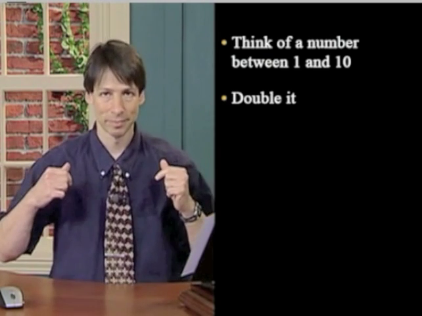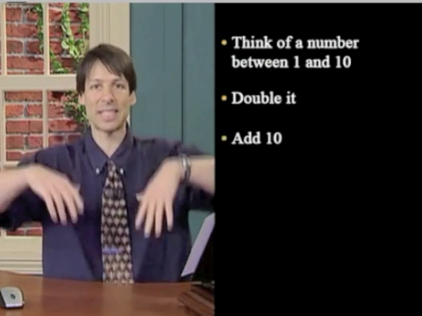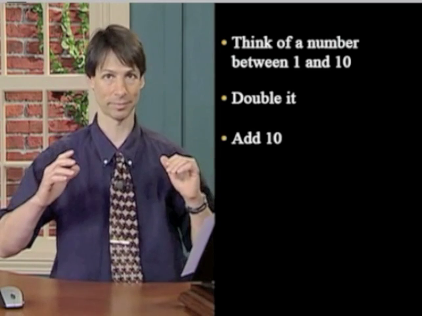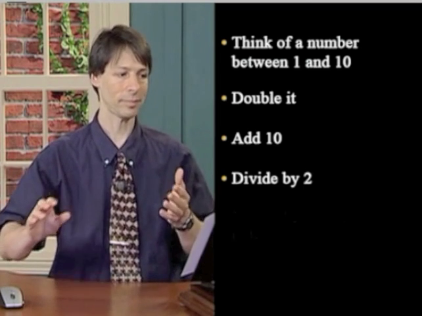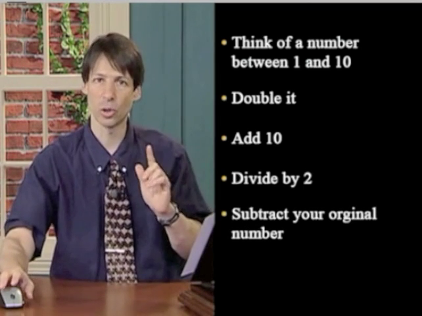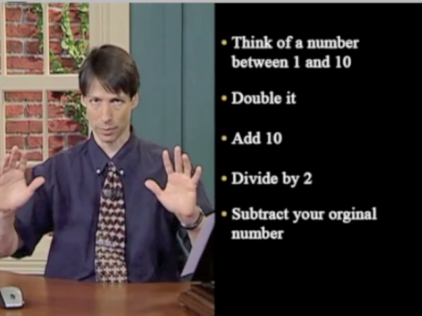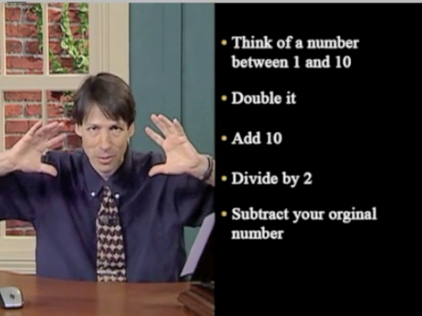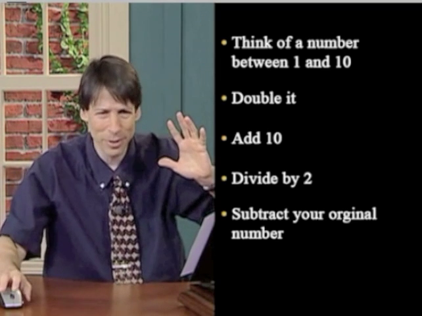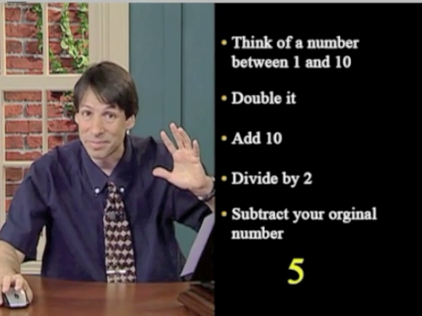Double that number, all right? Now add 10 to whatever you're thinking, okay? Divide that by 2, and now subtract your original number. Concentrate on the number you're thinking of now. I'm getting the number 5. Is that what you got? Okay. So, let's see how this magic trick works. I think this is the best way to introduce algebra.